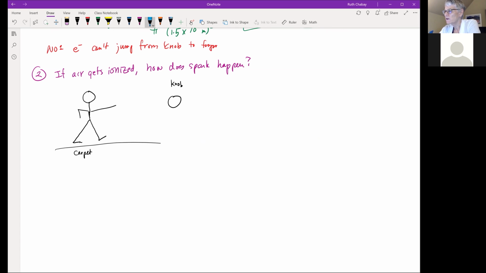So perhaps what's happening is that, say, negative charge, we don't know which way it goes, rubs off onto the carpet, leaving a positive charge on the soles of your shoes. But the charge is on your shoes. How does that do anything to the doorknob?